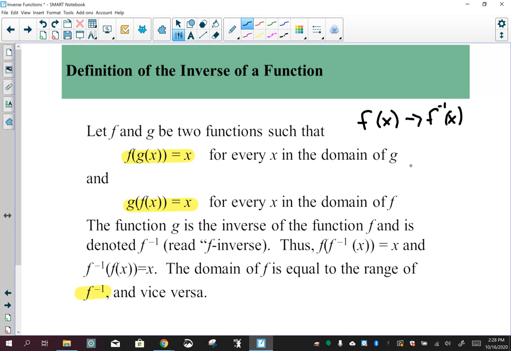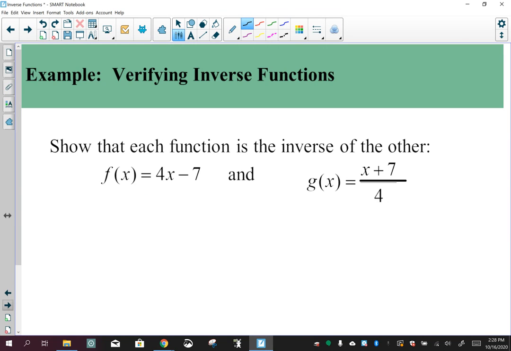Well, if you compose f of g of x and you wind up getting an x, then you can say that g of x is an inverse of f of x. So that's what it's talking about when it's asking you to verify. So let's actually look at it, and let's go from there.